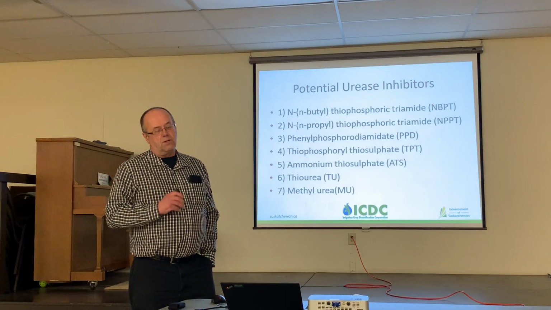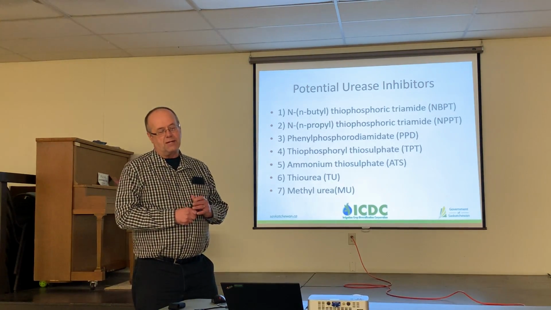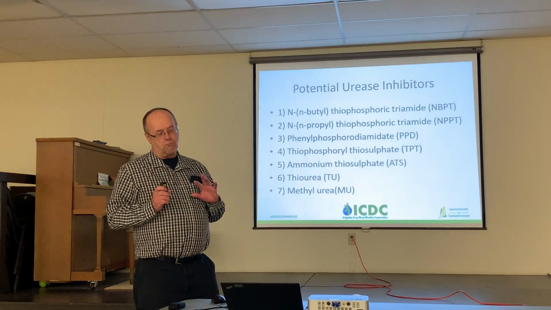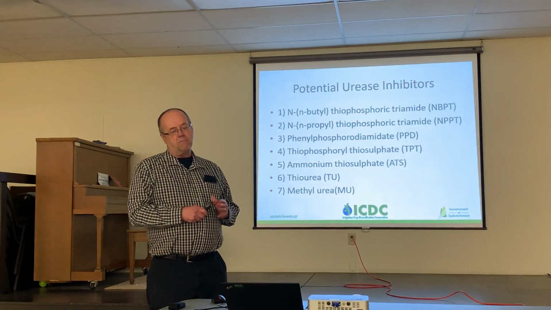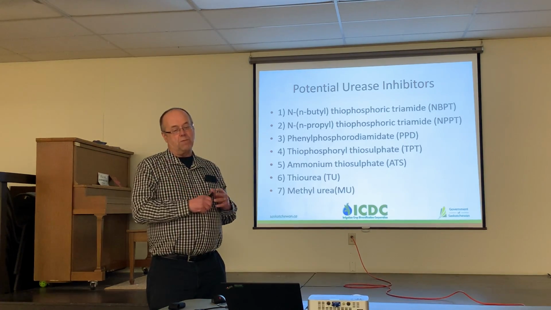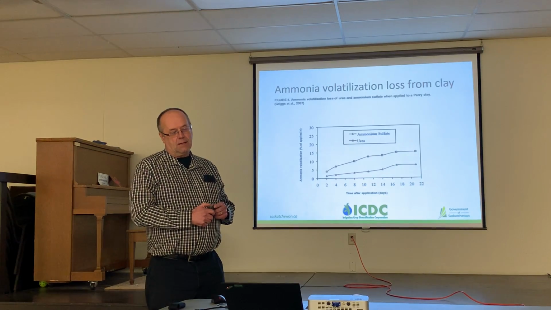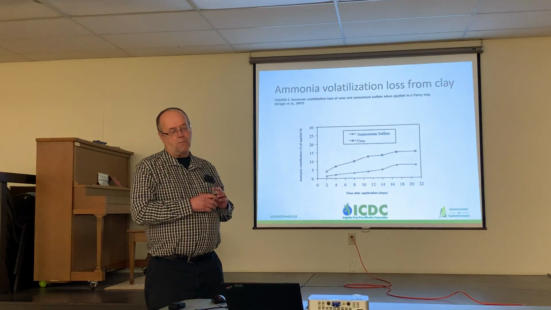Another class of protecting additives you could add are urease inhibitors, which prevent the conversion of urea to ammonia. There's basically 7 here, but really in our marketplace, the main one would be Agritane, which is the first one on the list there, and I'll just try and show you what kind of losses are possible.